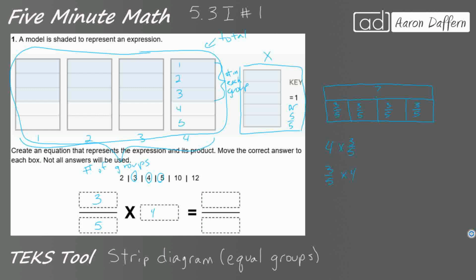Now we actually have to figure this out. Now this is where it gets interesting. So when we do 3/5 times 4, there's a few different ways we can think about this. One would be simply repeated addition, because you notice I've got 3/5, 3/5, 3/5, 3/5.